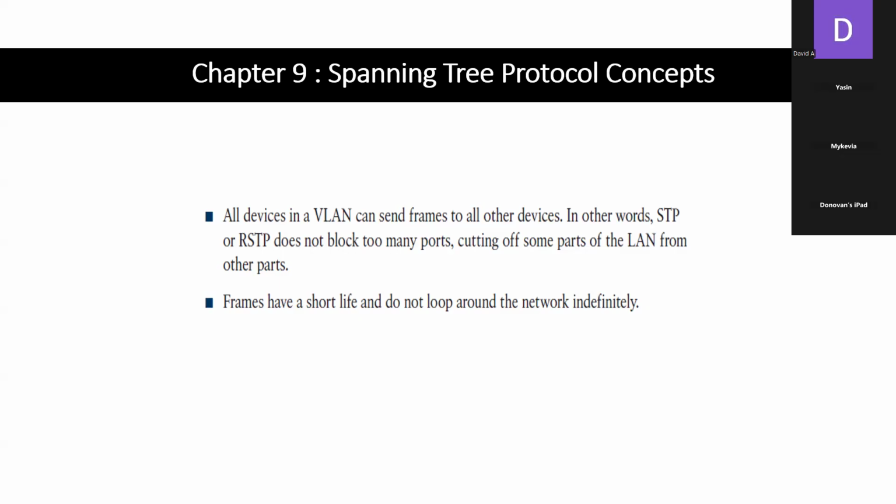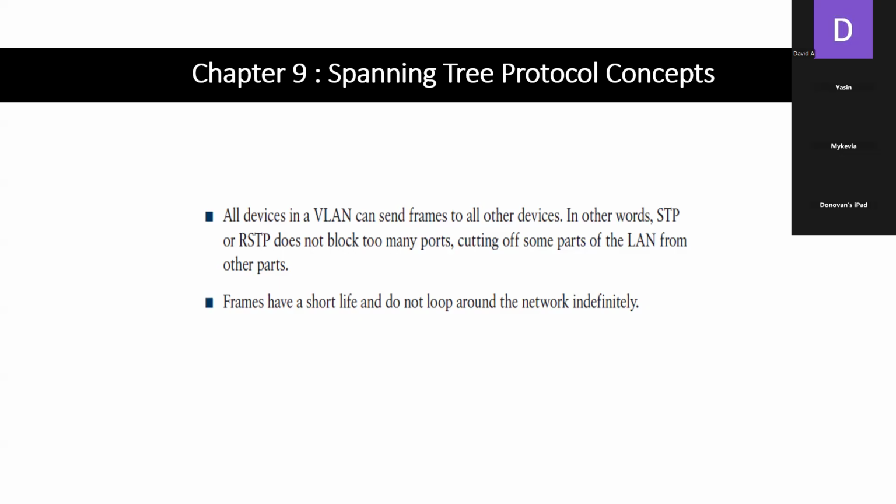So there's two goals whenever spanning tree does its algorithm and starts doing its job from the control plane. The first goal: all the devices in a VLAN can send frames to other devices.